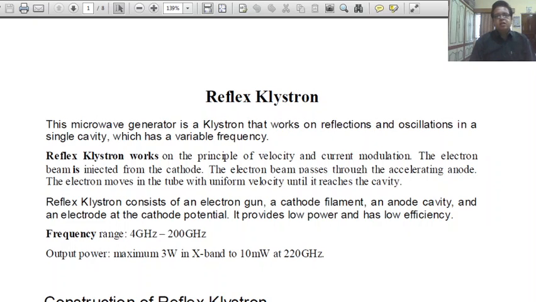Today, we are discussing the topic reflex klystron for your MSc final class. A reflex klystron is a microwave generator. And what is a klystron? A klystron that works on reflections and oscillations in a single cavity.